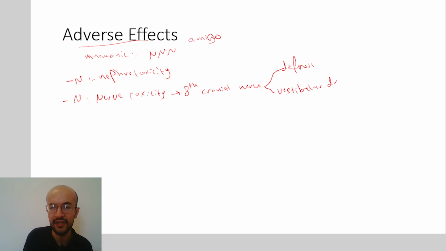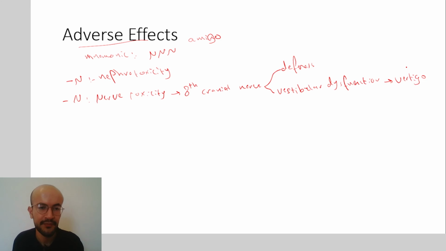Vestibular dysfunction would give us vertigo and dizziness as symptoms to the patient. And same with the nephrotoxicity, the ototoxicity starts as reversible, but then becomes irreversible. And it is worse when the aminoglycosides are used with another ototoxic drug, and when it occurs in people who are of old age.